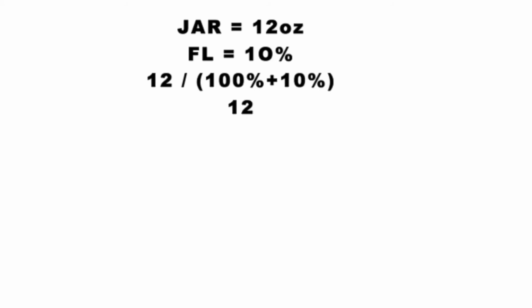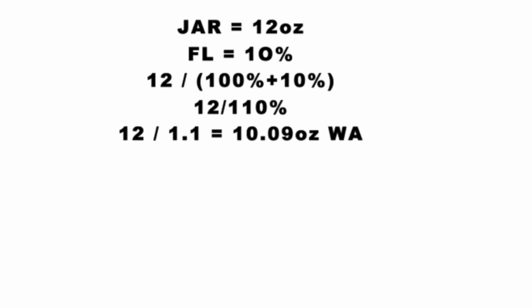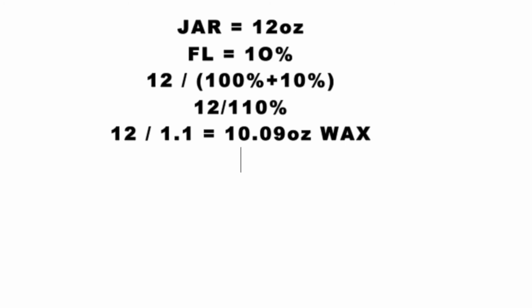That is 12 divided by 110%, because if you add 100 to 10%, that is 110%. 110% is simply 110 divided by 100, which is 1.1. So we're going to be doing 12 divided by 1.1, and that equals 10.09 ounces of wax.